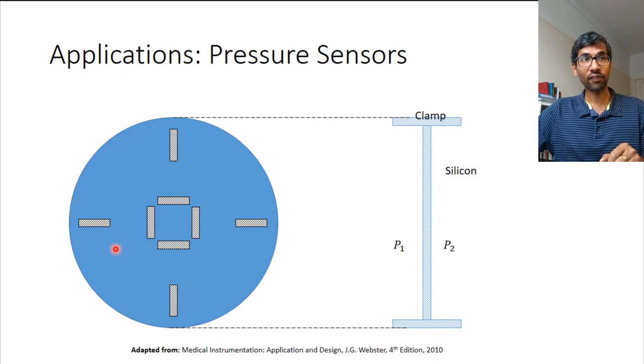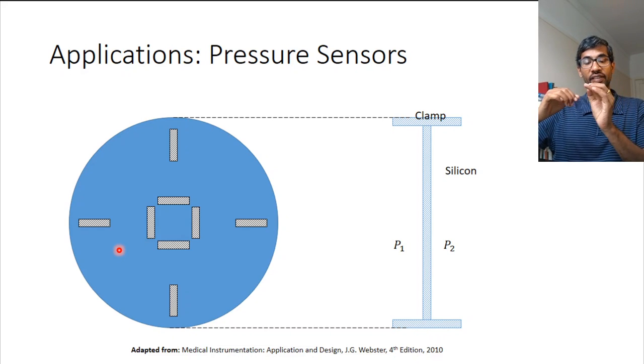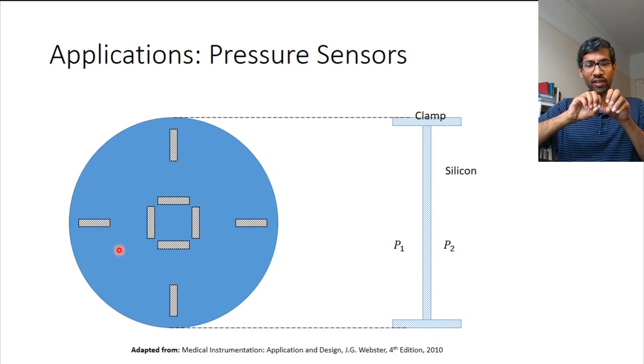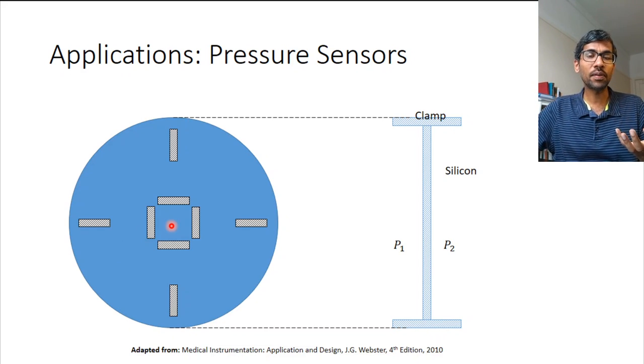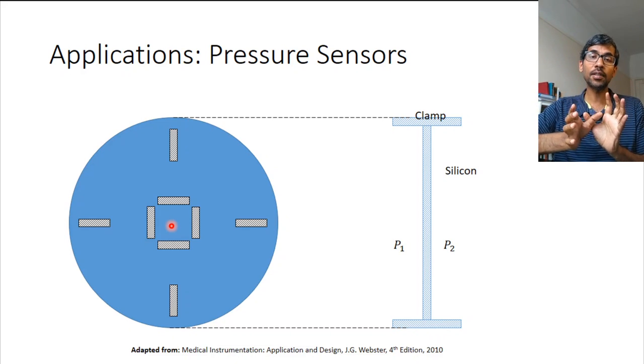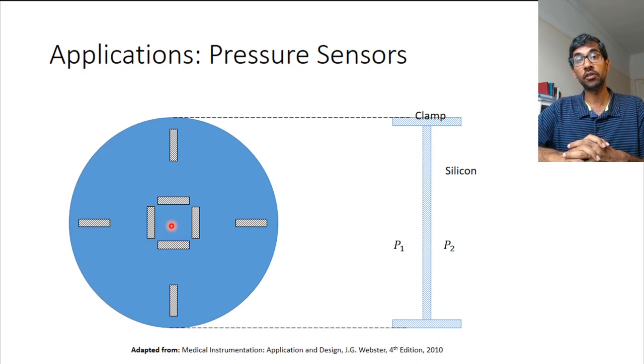Because for this pressure sensor, we know that what we want to measure is this bulging out of the sensor. So we want to measure a radial strain, right? How would you measure a radial strain? What kind of arrangement of strain gauges would enable you to do that?